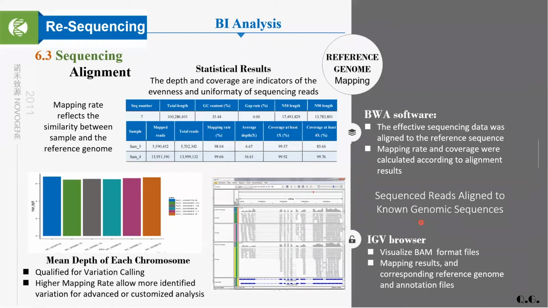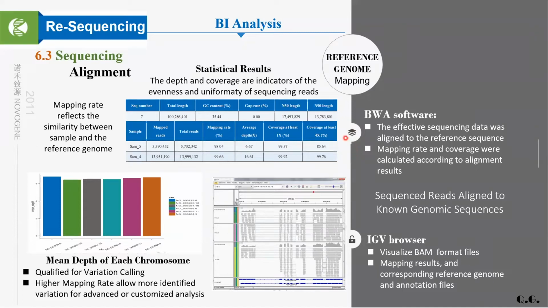Then we are going to align the effective sequencing data to the reference sequences, using the Burrows-Wheeler Aligner software in Illumina sequencing as an example. The statistics of mapping rate, sequencing depth, and coverage are then analyzed according to the alignment result.